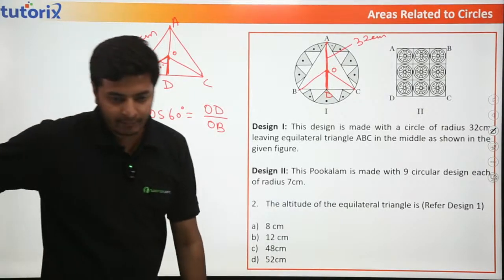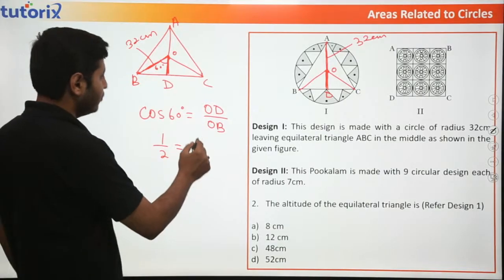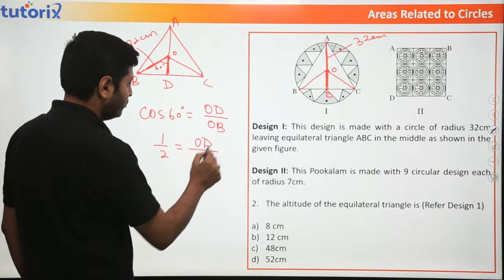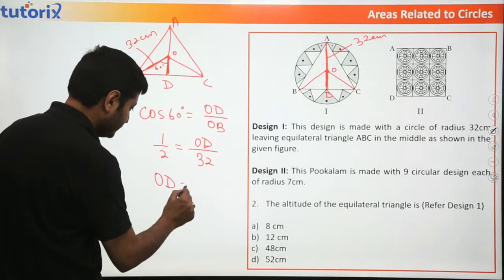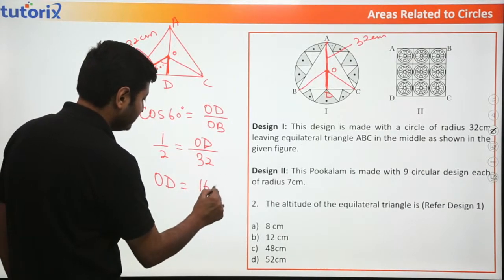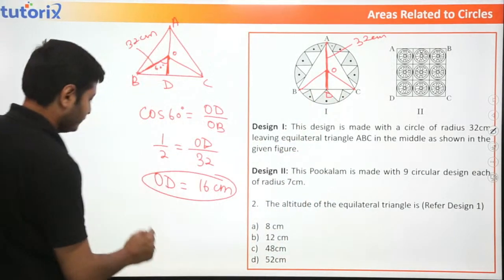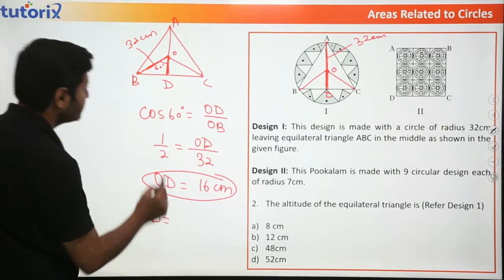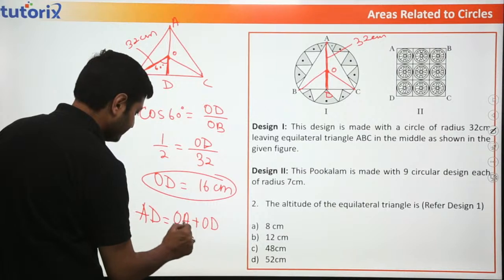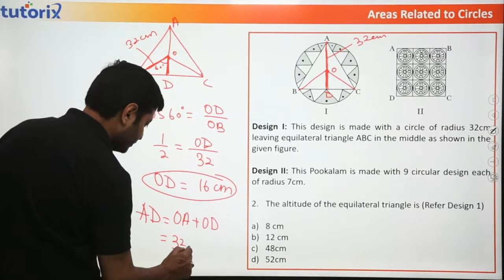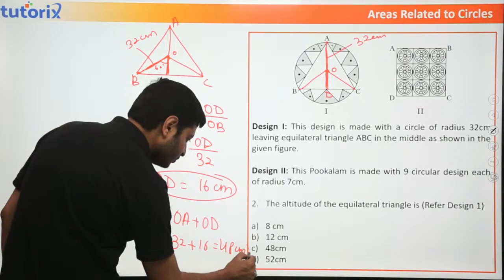So we know the value of cos 60, 1 by 2 is equals to OD we don't know and OB is 32. So OD will be 32 by 2, that is 16 centimeter. Then what is the total length of AD? AD is OA plus OD, that is 32 plus 16, 48 centimeter. Option C.